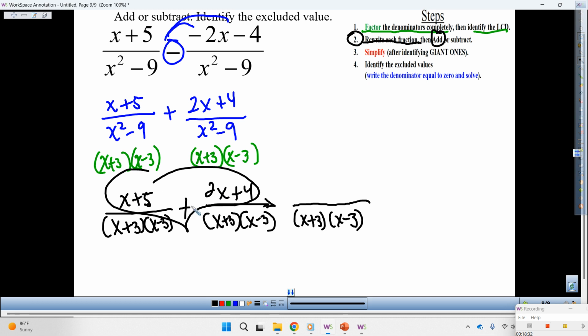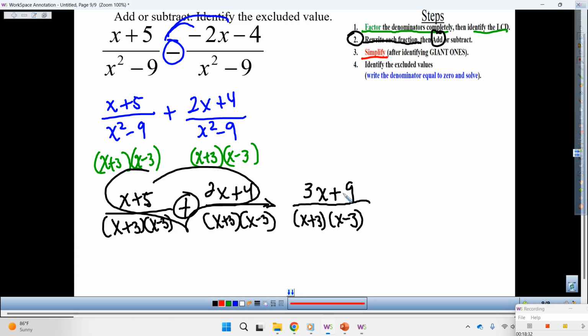So for the numerator, since we're combining now, this combines to what? 3x plus 9. Hands, have you got that? That is correct. Which moves us to simplify, which means we need to factor the numerator.